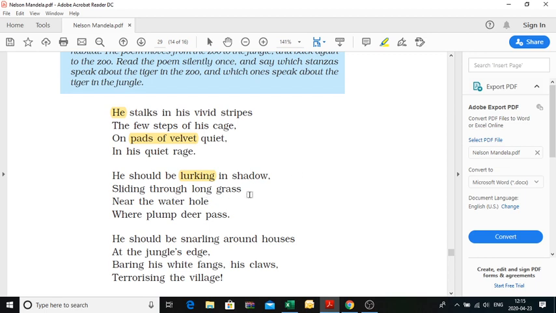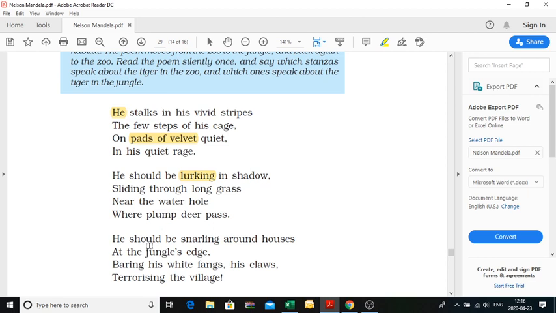Sliding through long grass: moving smoothly through long grass. Near the water hole. Water hole is what? A small pool of water, okay? Where animals go to drink. So he reaches near the water hole. Where plump deer pass. Plump is mota tagda, right?